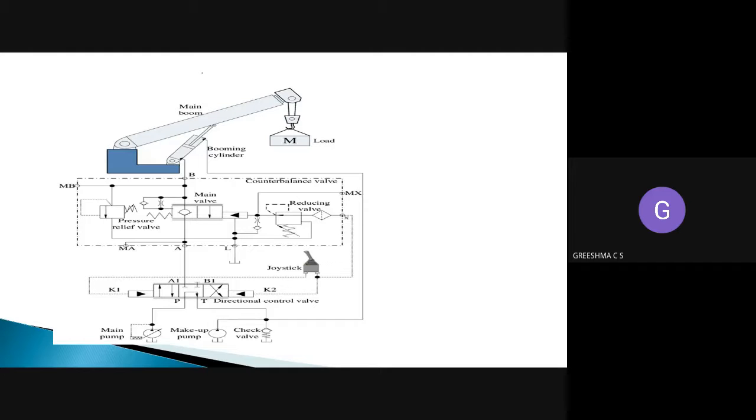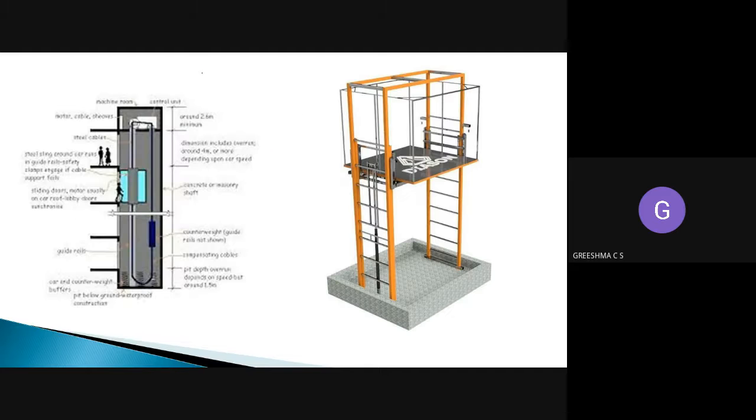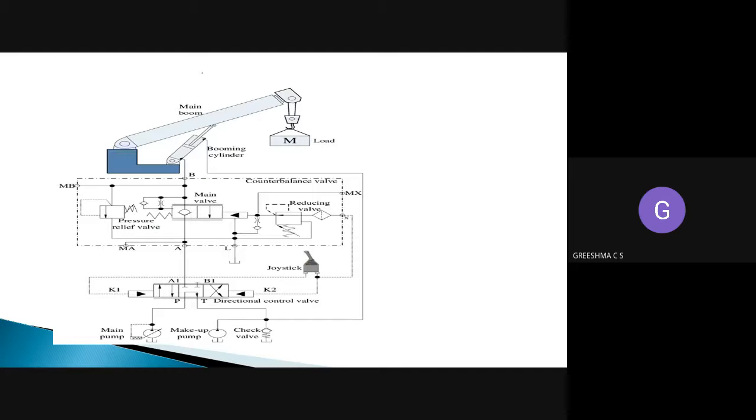So what is work? Work is force into distance. To do this work, what do you need? You need power. You need power to do the work. So basically in all these three models, you need to calculate the power, that is, how much power is needed here to lift.